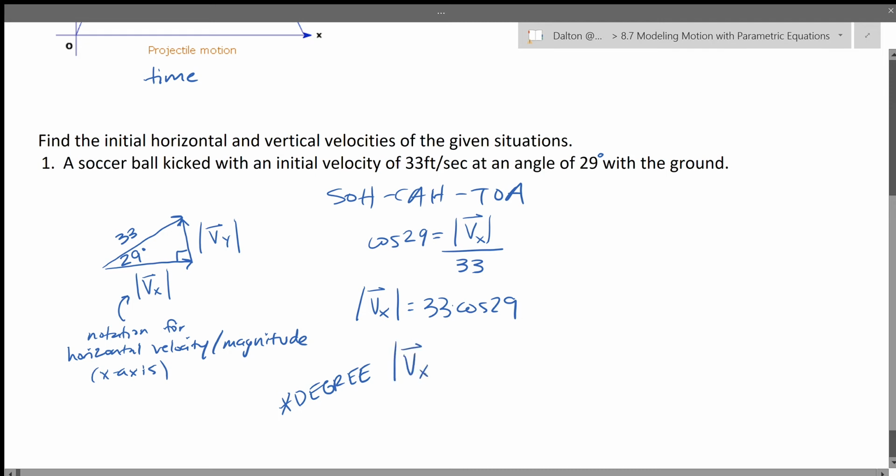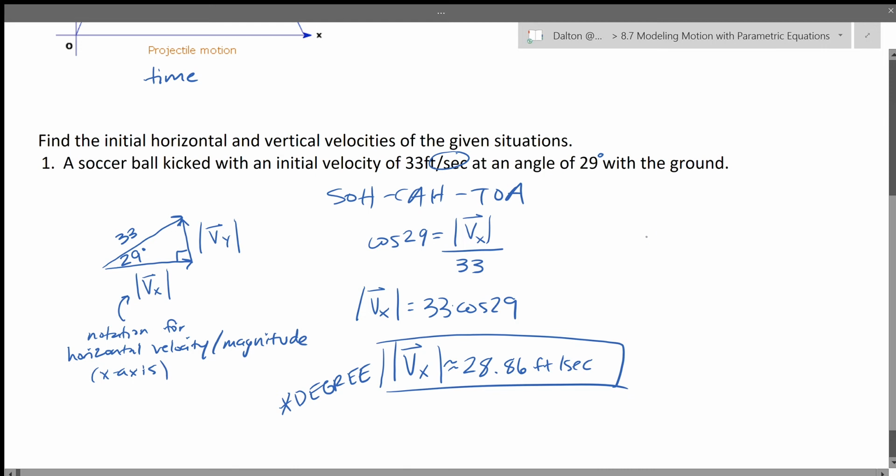You should end up with the horizontal velocity. For the sake of this whole video, and unless otherwise specified, let's round to the nearest hundredth. It's going to be about 28.86, and our units here are feet per second. So that is our initial horizontal velocity. And we can do the same thing to find the vertical.